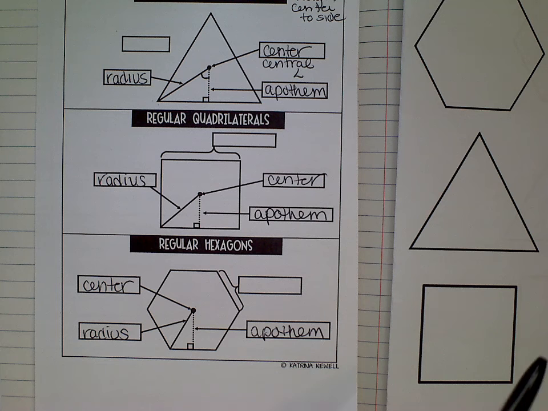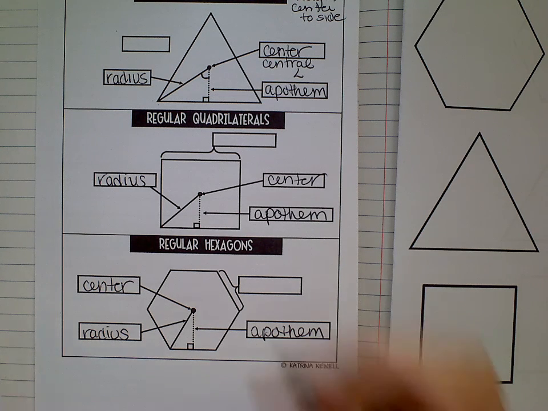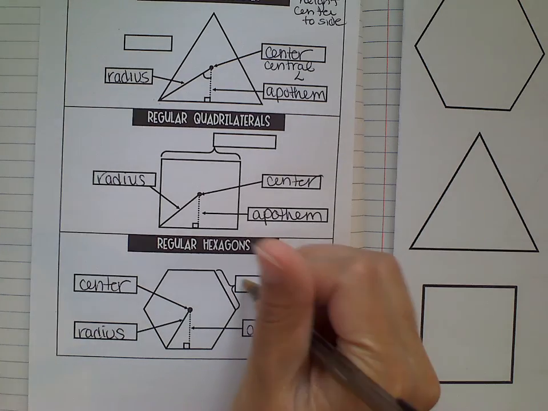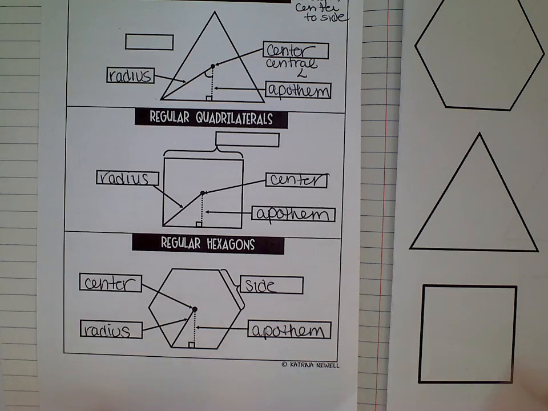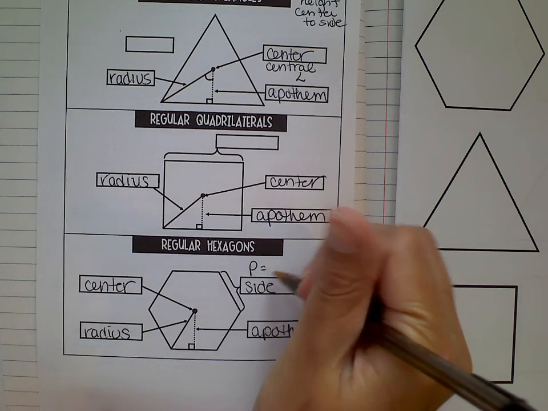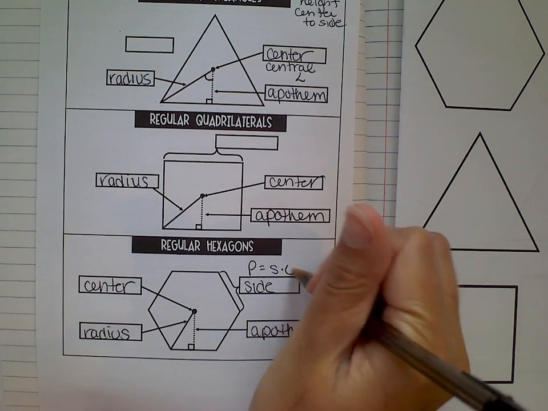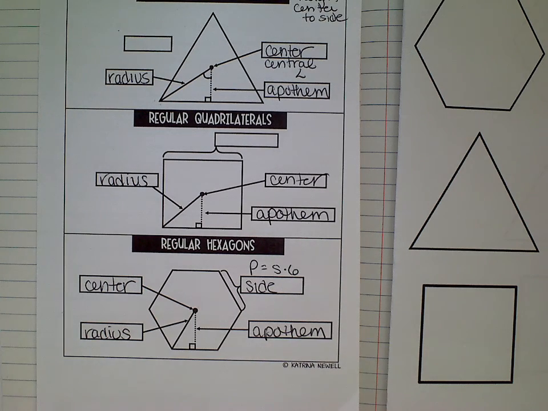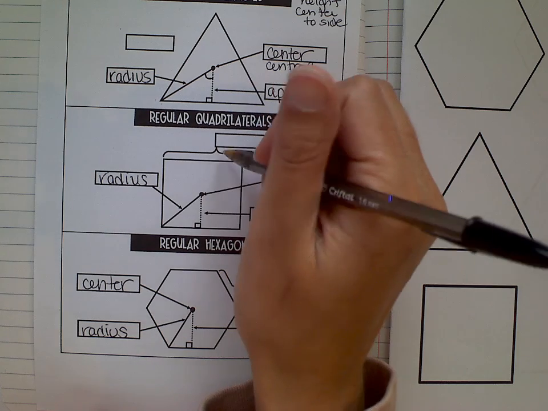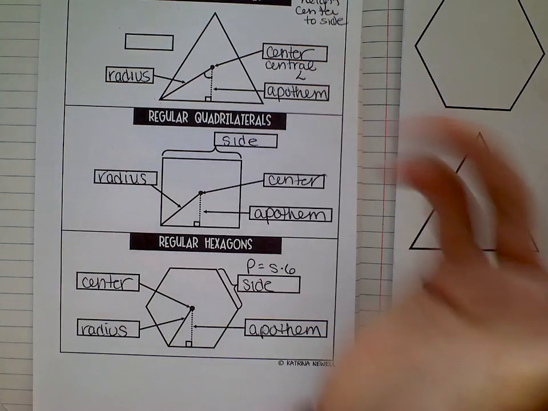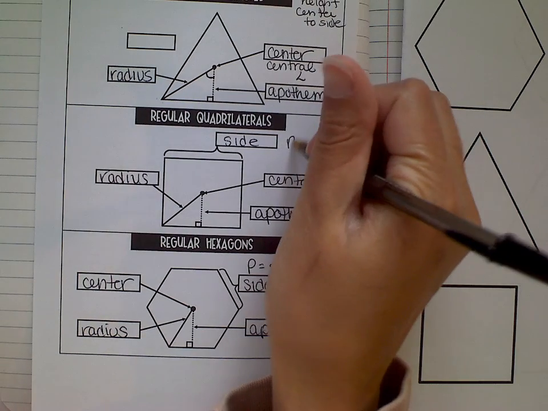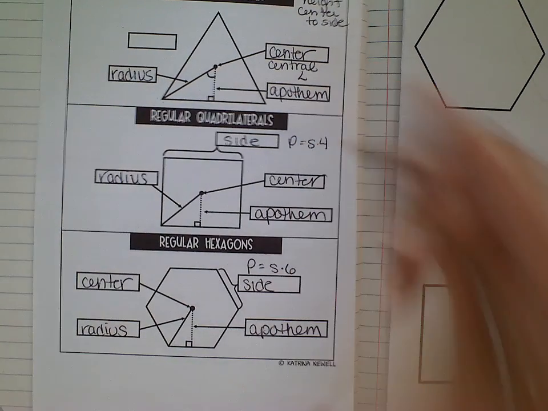And then the last big thing that you need to know, or you're hoping that you know, is the side length. So this is the side, and that's important because in a regular hexagon, I can find the perimeter by doing side times 6, because a hexagon has 6 sides and they're all the same. Now in a regular quadrilateral, aka a square, I can find the perimeter by doing side times 4.